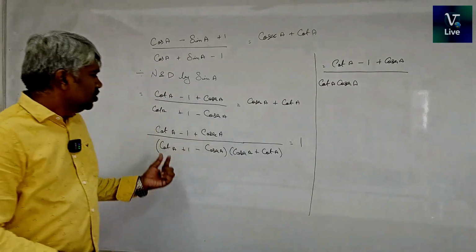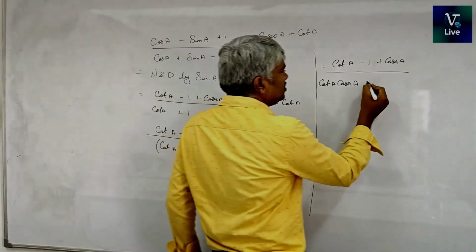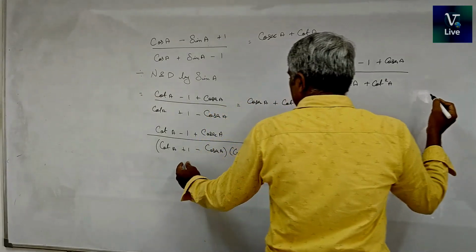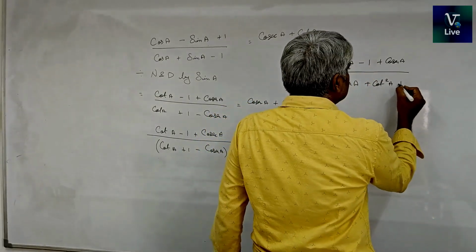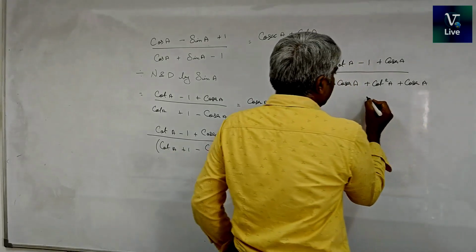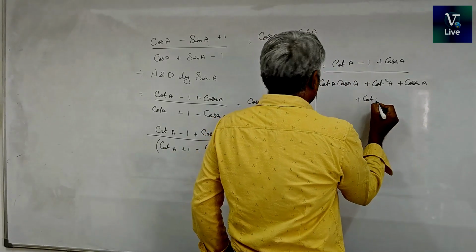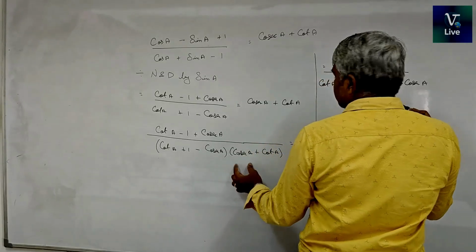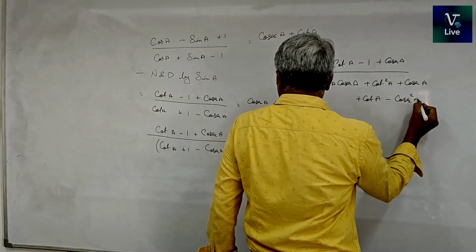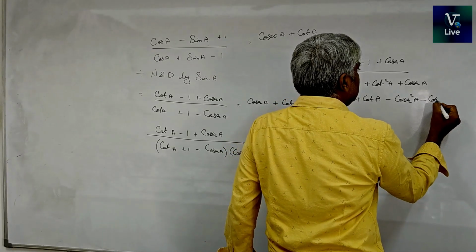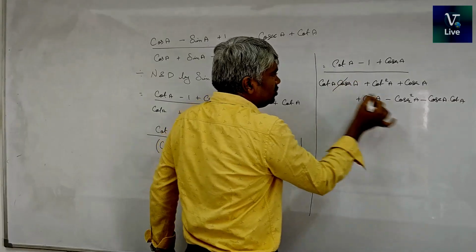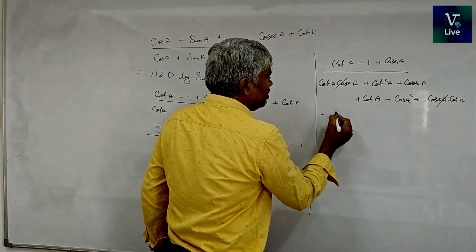Next, cot A into cot A, which is cot square A. Next, 1 into cosecant A is cosecant A. 1 into cot A is cot A. Minus cosecant into cosecant is minus cosecant square A, minus cosecant A into cot A. So these two terms will get cancelled.